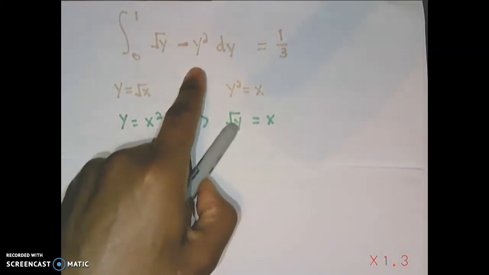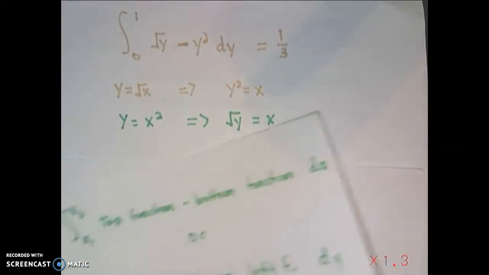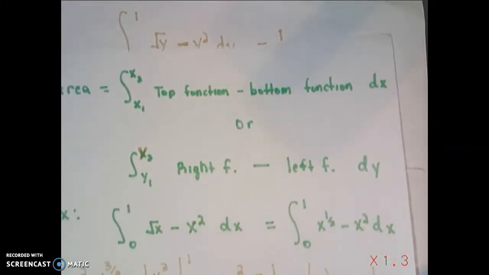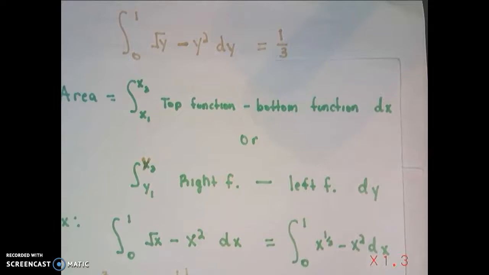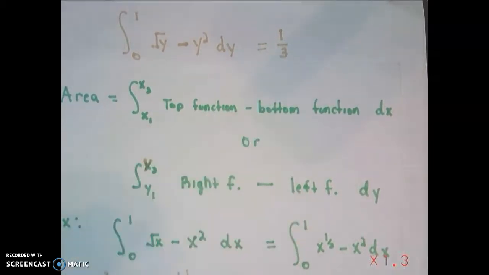So if you can see, I really get the same integral that I had here. The only thing that is different is that I have y's instead of x's. So of course, when we do the antiderivative, we're still going to get 1/3. So either way, we pretty much had the exact same integral.